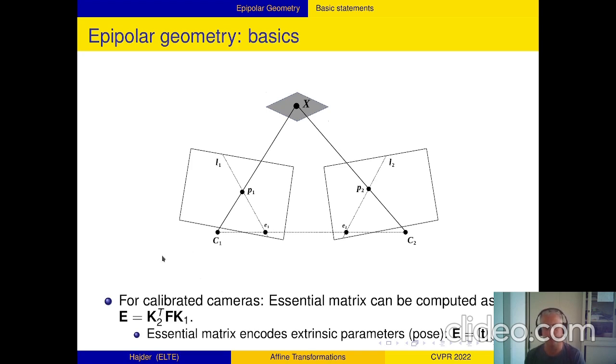A simple formula can be used to give the essential matrix. On the other hand, the decomposition of the essential matrix into translation and rotation is a bit more challenging. Singular value decomposition-based algorithms are frequently applied in order to solve this task.